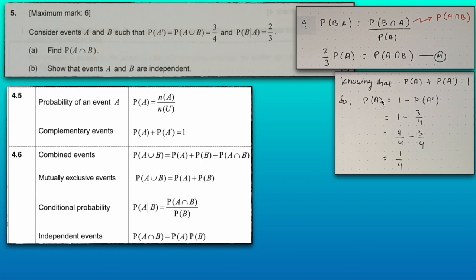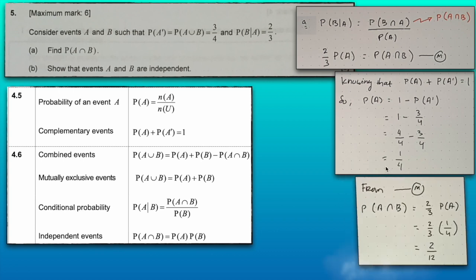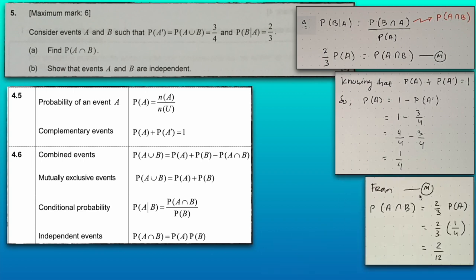Therefore, probability of A is equal to 1 minus 3 over 4, so probability of A is equal to 1 over 4. This can then be substituted into equation M to find probability of A intersection B. So there you go, that's the answer for question A.